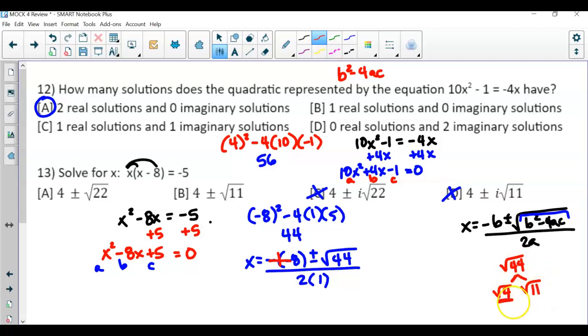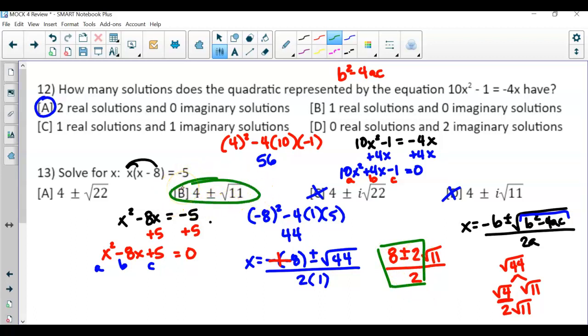The square root of 4 is 2, so this is 2 radical 11. So here I've got 8 plus or minus 2 radical 11, but still divided by 2. Now I can simplify because here I can divide. 8 divided by 2 is 4, and 2 divided by 2 is 1. That's why here the answer was B.